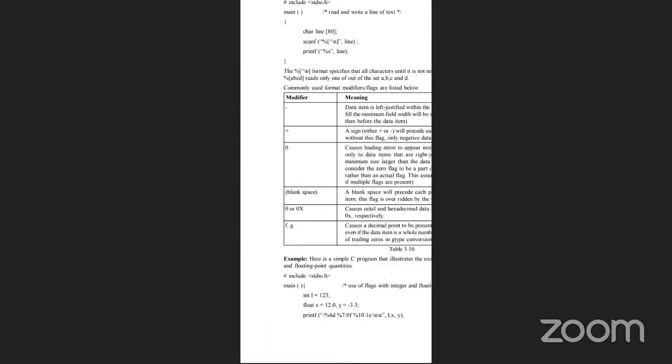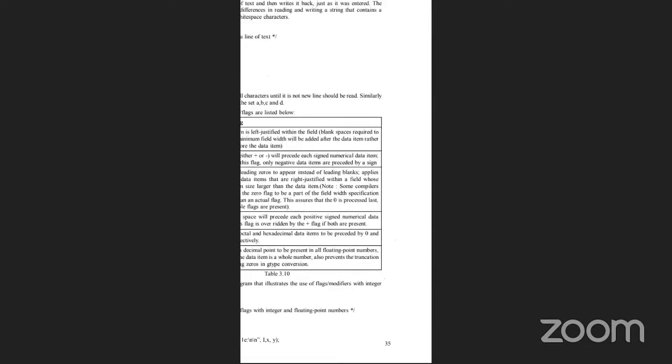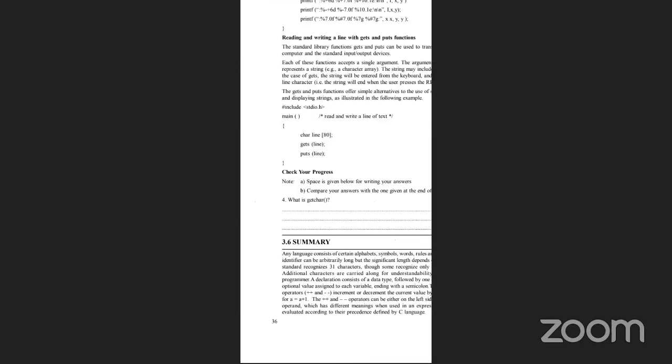Then main, open bracket, use flags with integer and floating point numbers. int i equal to 123, float x equal to 12.0, y equal to -3.3. printf, double quote start, with the format specifiers for i, x, y, followed by backslash n, close, i, x comma y. So these are the functions printed.